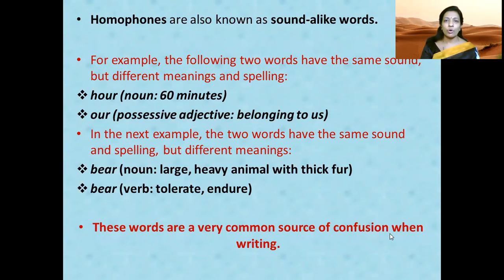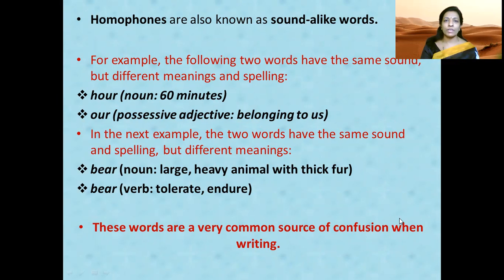Homophones are also called as sound alike words. For example, there are many words which sound exactly alike but which have completely different meanings. Let us look at the first example. Here we find two words, HOUR and OUR.